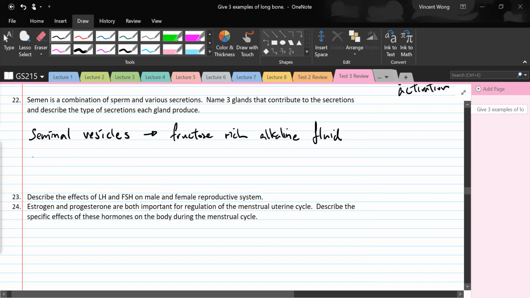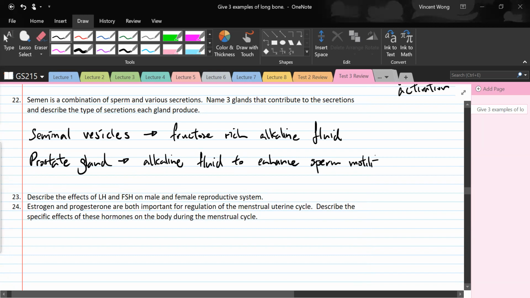What's another gland here? Prostate gland. This is again another alkaline fluid to enhance sperm motility, allows them to move better.